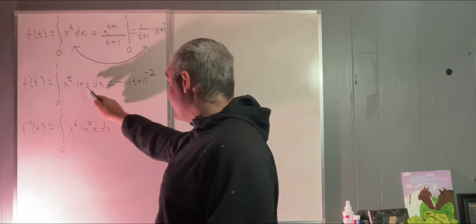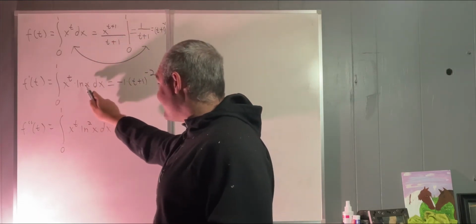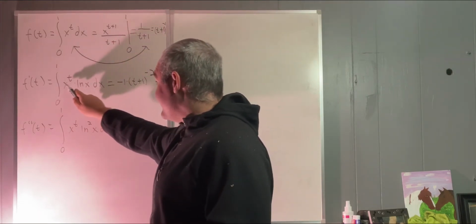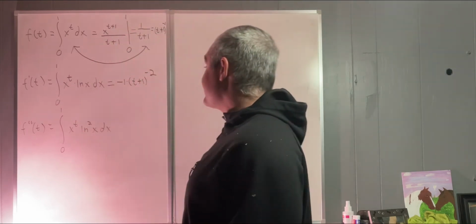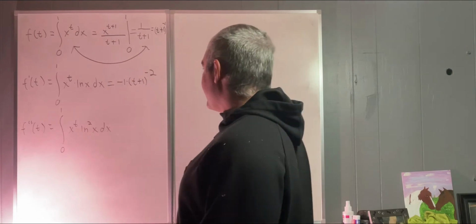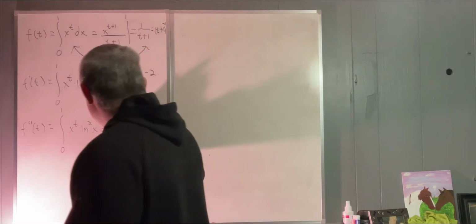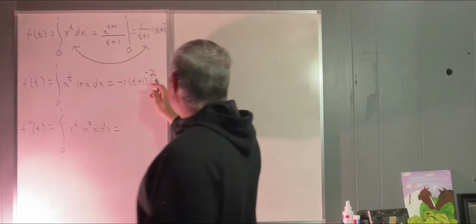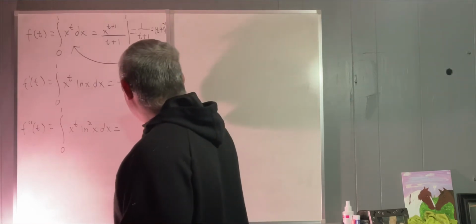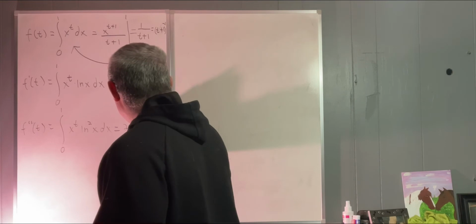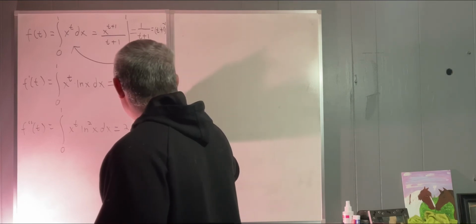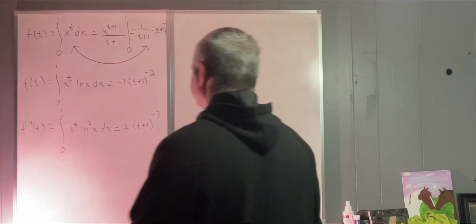When we differentiate with respect to t, this is a constant, it stays. We get back the x to the t, that's right there, plus we get another ln x. That's represented by that squared right there. And this is going to be equal to, let's see, negative 2 times negative 1 is just 2 times t plus 1 to the negative 3.